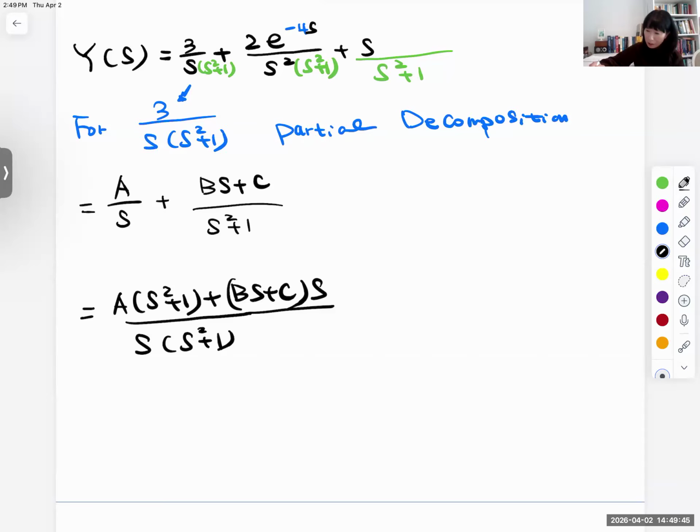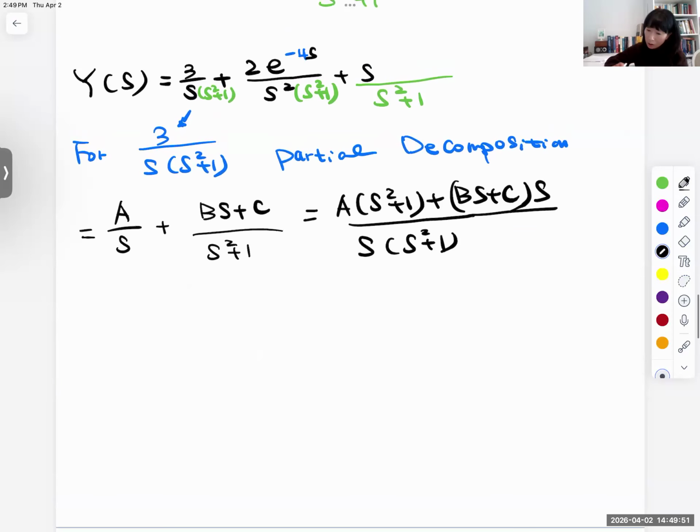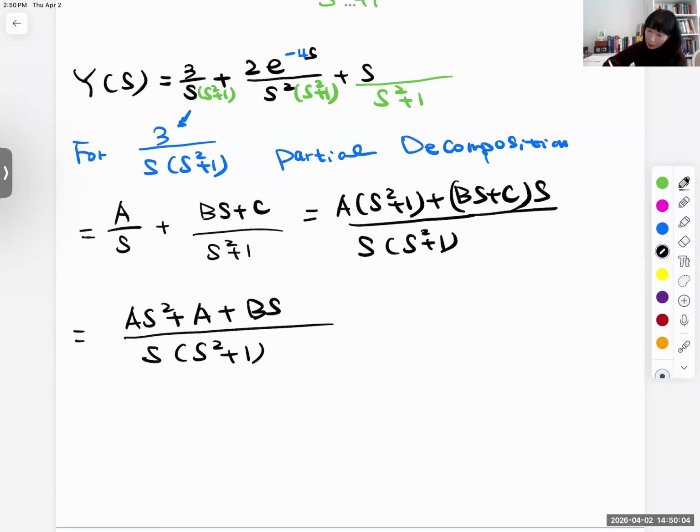I want to make this way so that we can save the space. Yeah, so there will be s squared plus 1, as squared plus a plus bs squared plus cs.